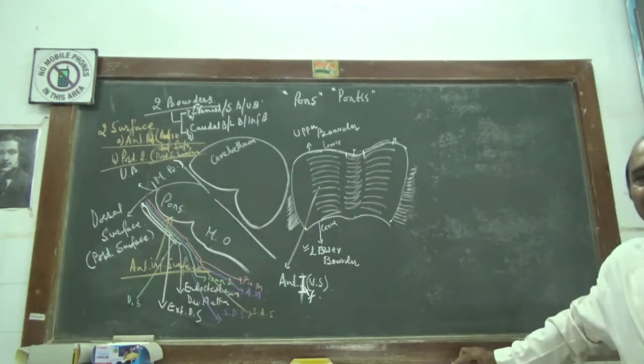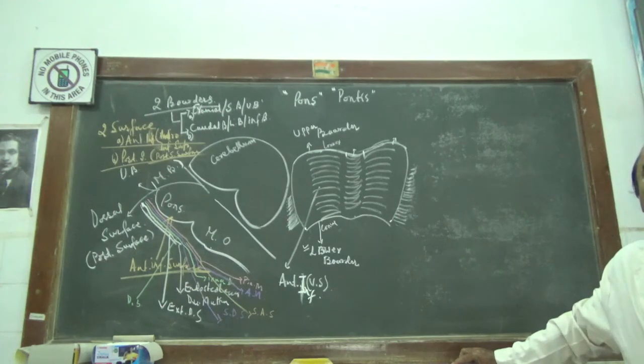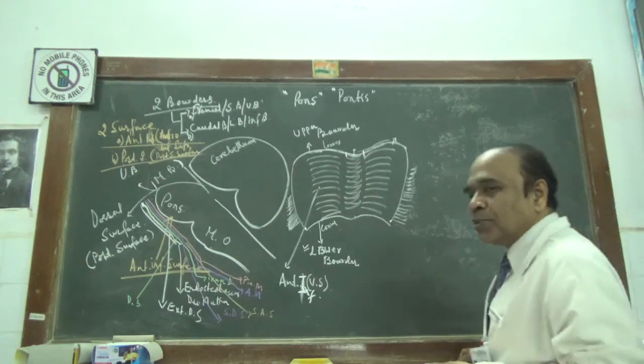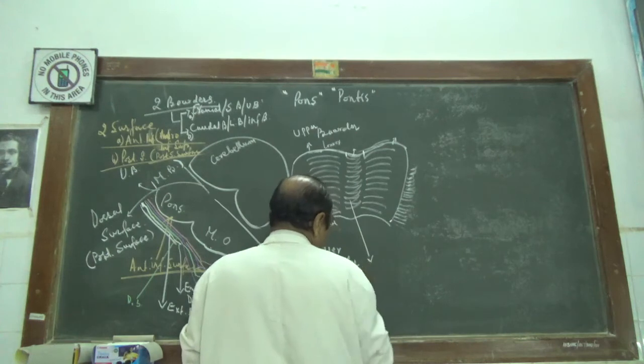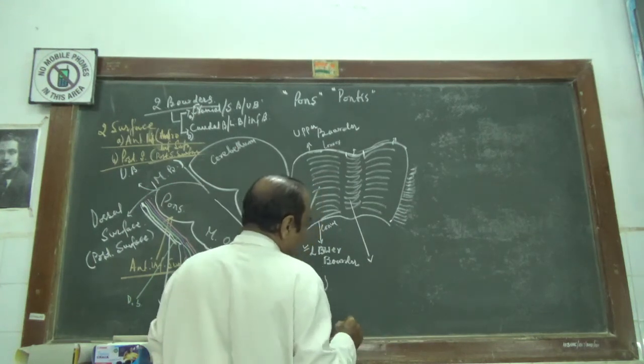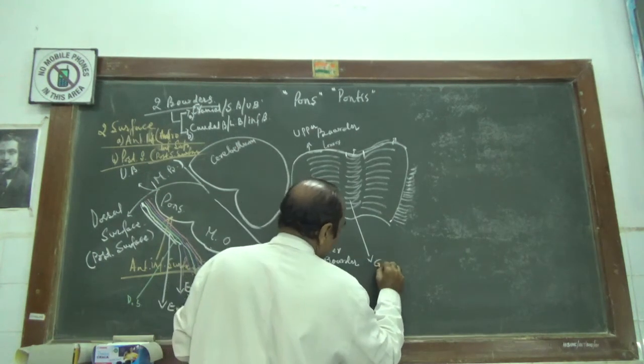Now this inferior surface, practically, is divided into two parts, a lateral portion and a median portion. The median portion of the inferior surface of the pons exhibits one groove.